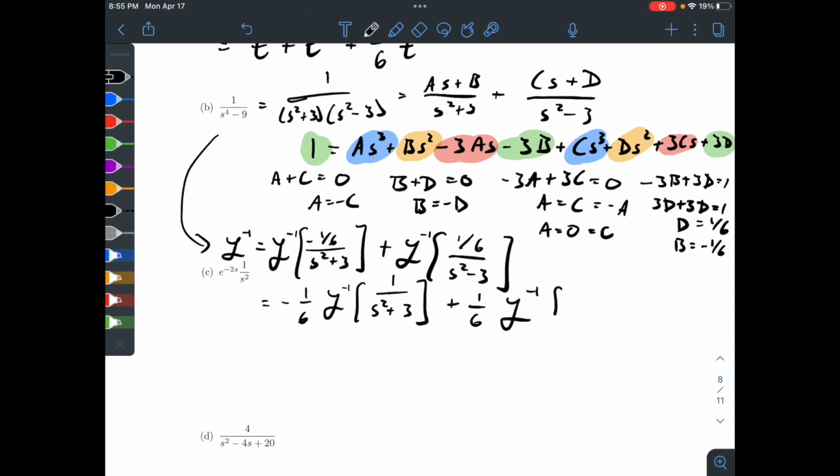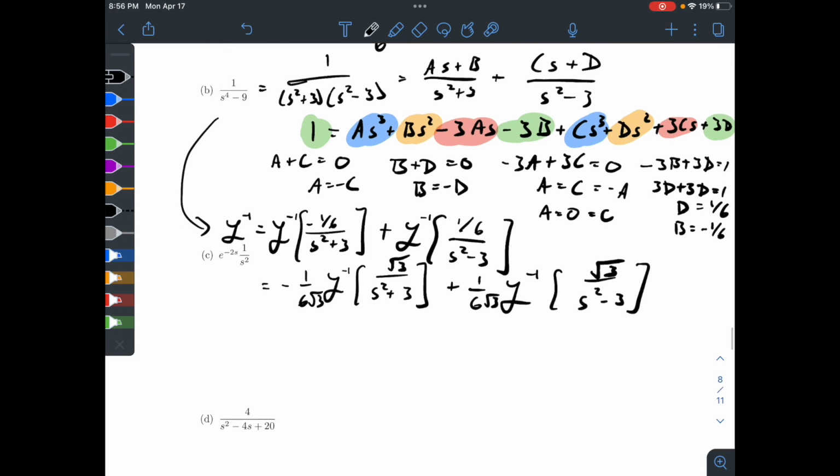And then it's going to be a similar sort of thing over here. So we're missing the square root of 3 here and here. So we'll multiply and divide by square root of 3 for both of those. Like so.